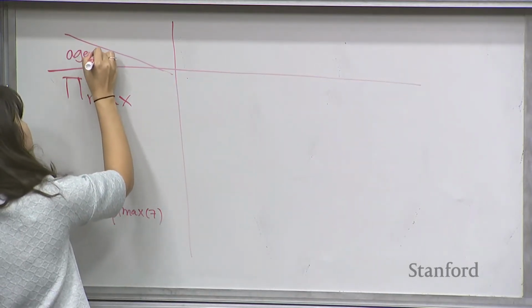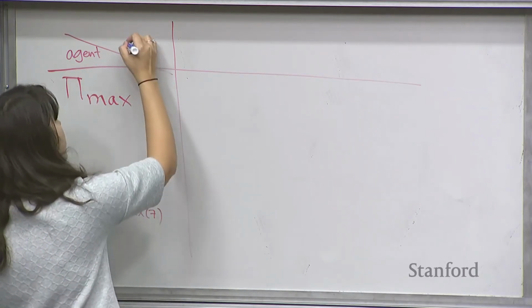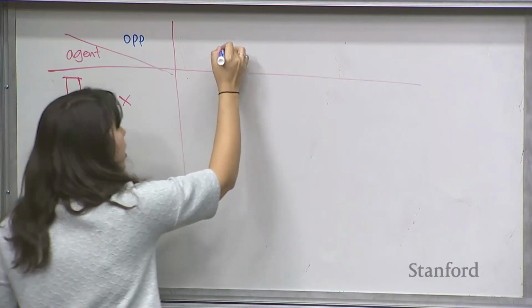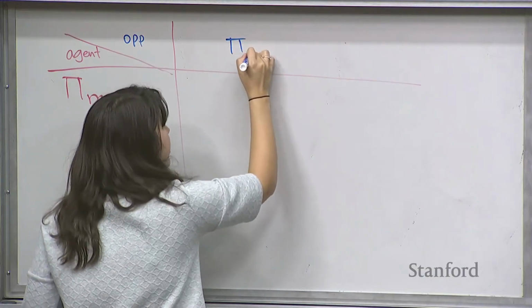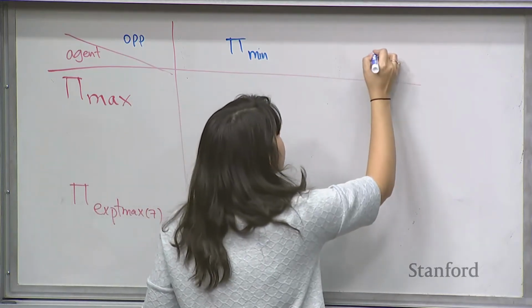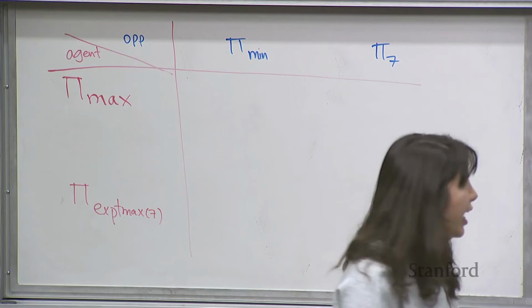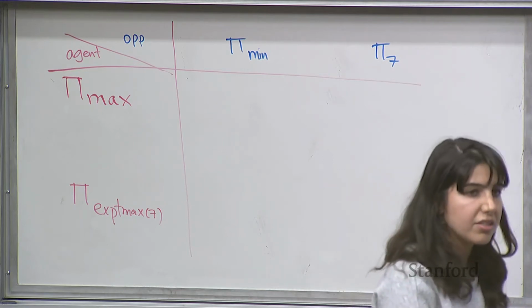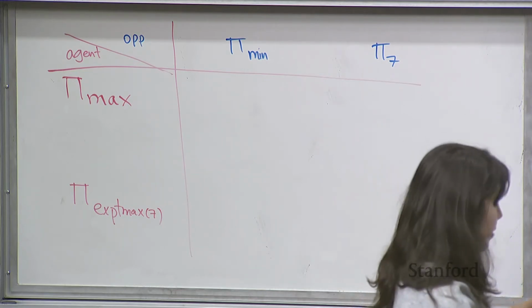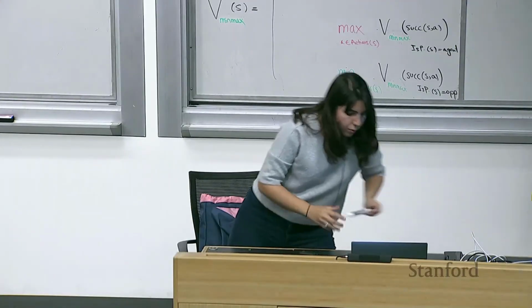And then there are things that my opponent can do. My opponent can actually follow pi min, which is I'm just going to minimize. Or my opponent could follow some other policy, pi 7. Let's say pi 7 in the bucket example right now is just acting stochastically. So half the time pick one number, half the time pick another number. Okay, so that is what we have.